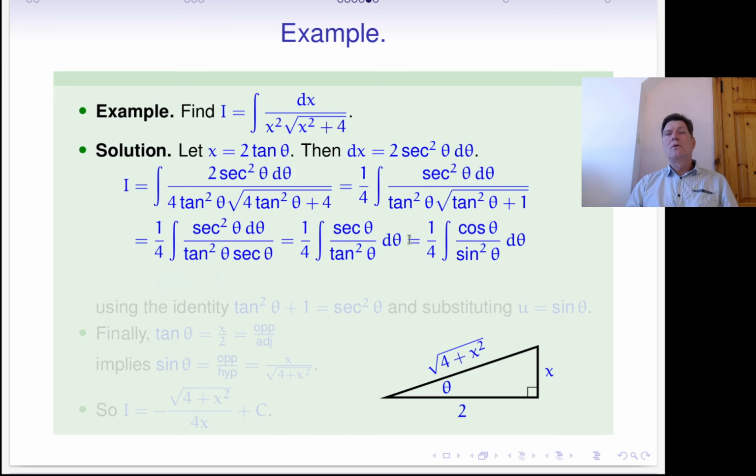Now recalling that sec theta is 1 over cosine theta, and tan theta is sine theta divided by cosine theta, there's again one factor cosine cancelling, and we're left with a quarter of cosine theta divided by sine squared theta d theta.